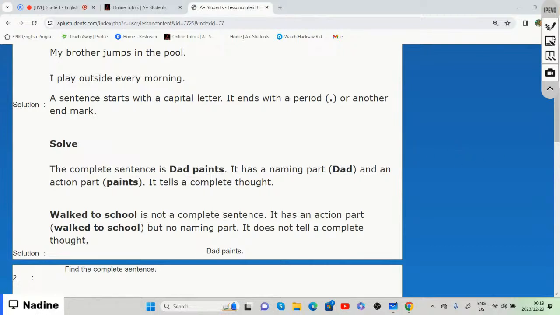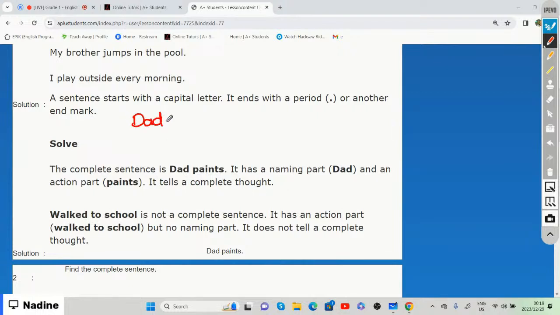All right, so now if we look at this sentence, right, it says, "Dad paints the house."